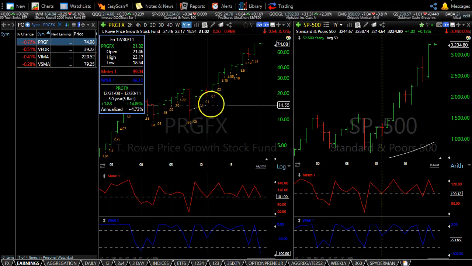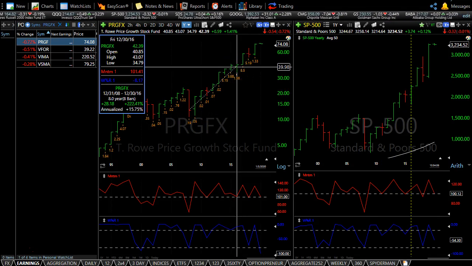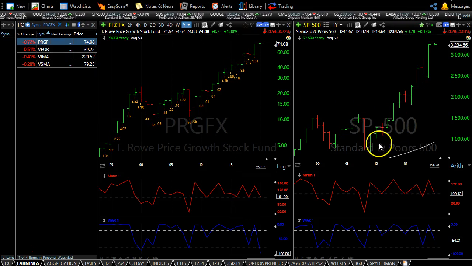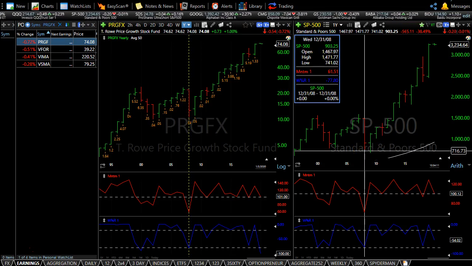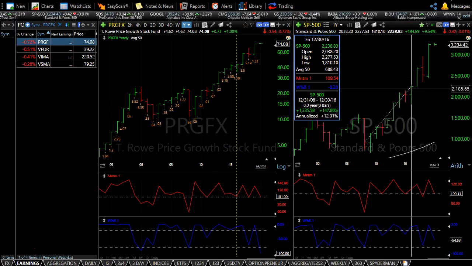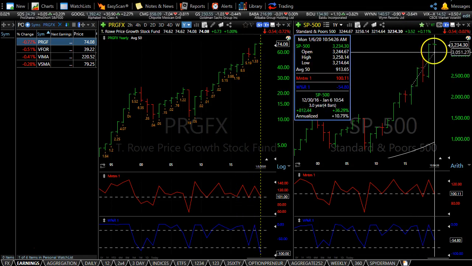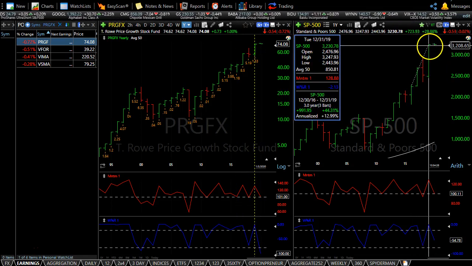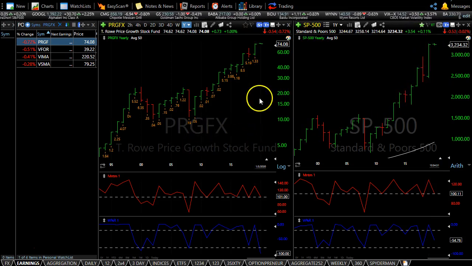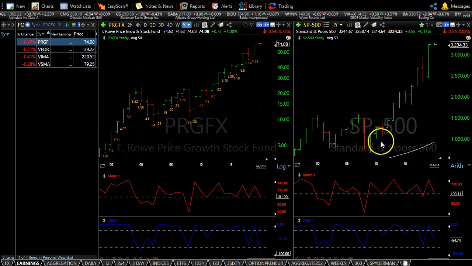But as you can see, the stock market did just fine under Obama. Look at the S&P. From 2008 to 2016, the S&P 500 went up 147% under Obama. Under Trump, it's gone up 44%. So it's a continued uptrend.